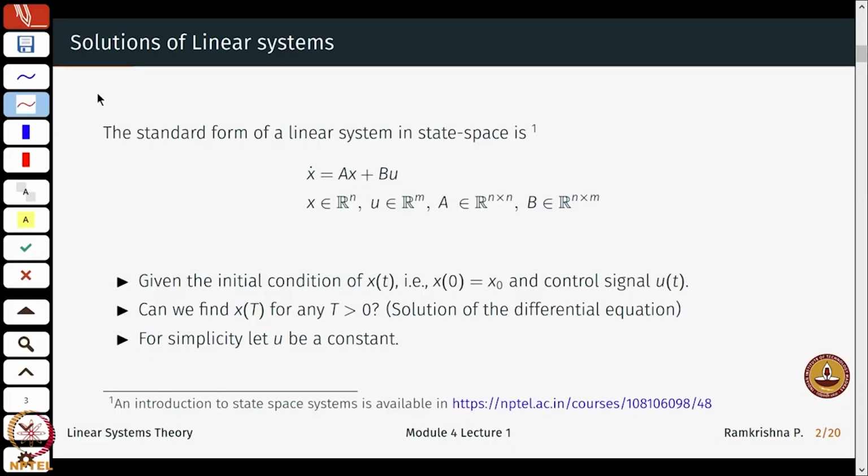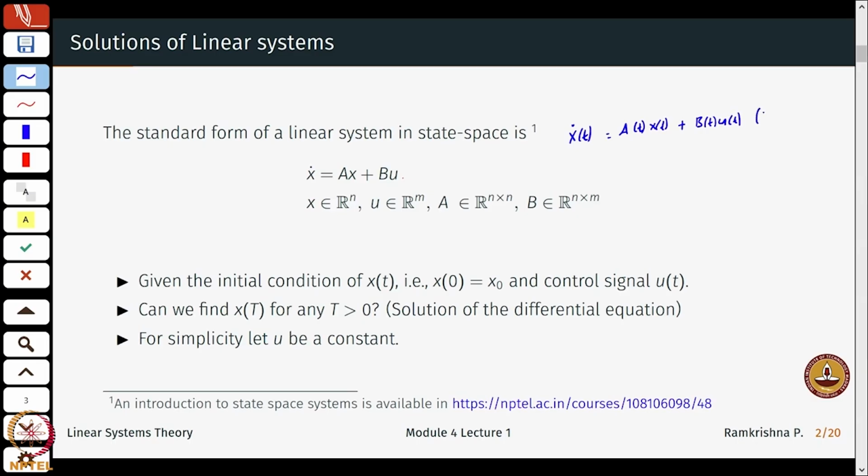We start with a standard form of a linear state space system. I am not at the moment talking of outputs, just look at the state equation. x dot is Ax plus Bu. Okay, so I can write this more generally as x dot of t is A of t x of t plus B of t u of t.